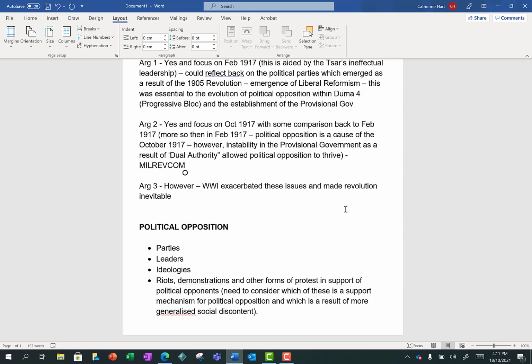Sometimes it is just a response to what's going on. So I want you to think about, when you see riots and demonstrations, when are they in support of political opposition, and when are they just protesting what's going on? So too, how do these riots, demonstrations and strikes, how do they help political opposition to take power?